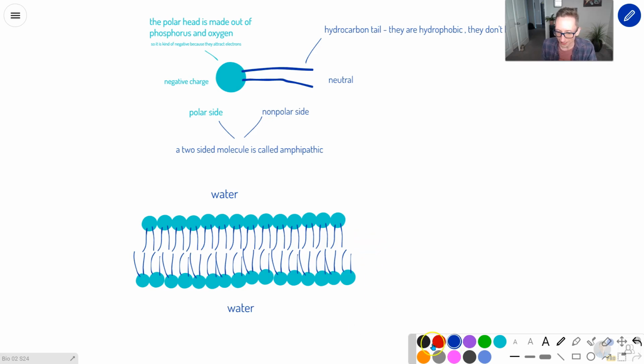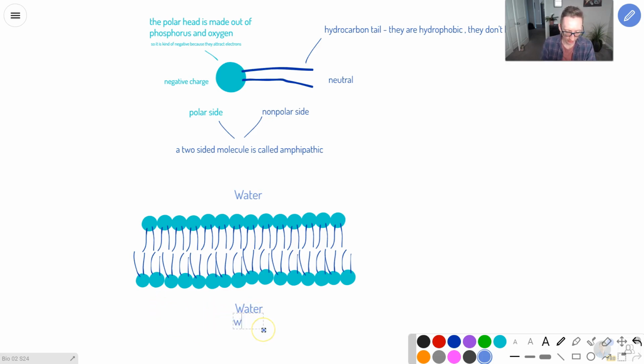Actually, let me make the water a different color. We'll have our water molecules all out here.